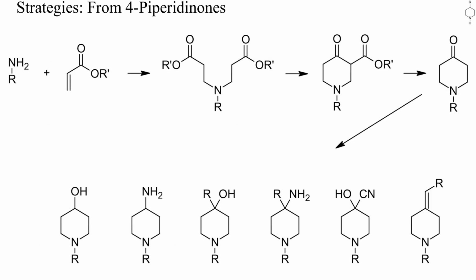4-piperidinones are another valuable starting material for substituted piperidines. 4-piperidinones can be obtained from 4-hydroxypyridines or by twofold alkylation of primary amines with acrylates followed by Claisen condensation and decarboxylation.